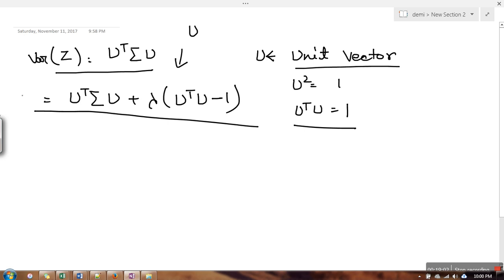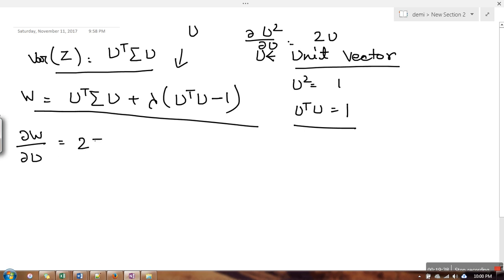Let's say I'm denoting this as w, so it will be dw by du. We are going to perform the differentiation. First, we perform differentiation on this term. This is actually u square, and if we perform the differentiation with respect to u, we will get 2u.